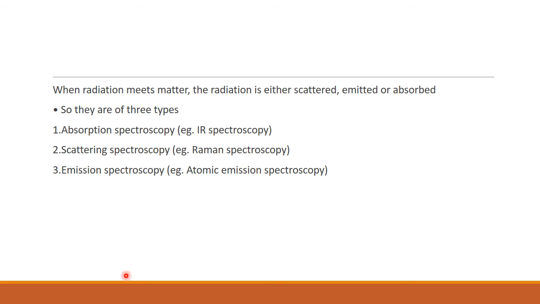Based on that, you can see different examples of spectroscopic techniques. One example of absorption spectroscopy is infrared spectroscopy, one example of scattering spectroscopy is Raman spectroscopy, and one example of emission spectroscopy is atomic emission spectroscopy. In this lecture, we will go into detail on two techniques: infrared spectroscopy and Raman spectroscopy.